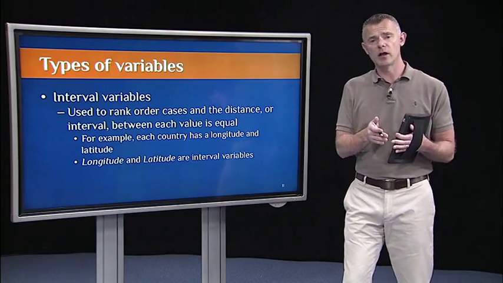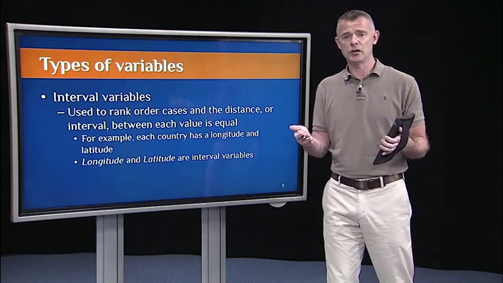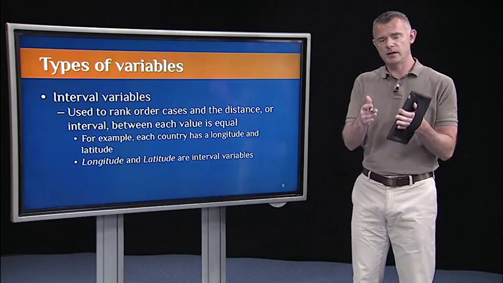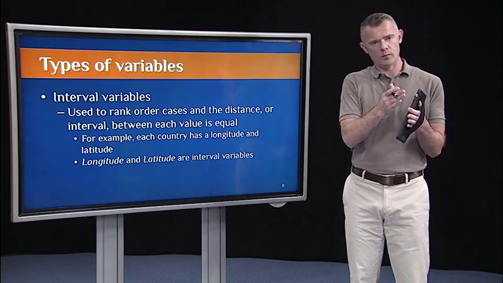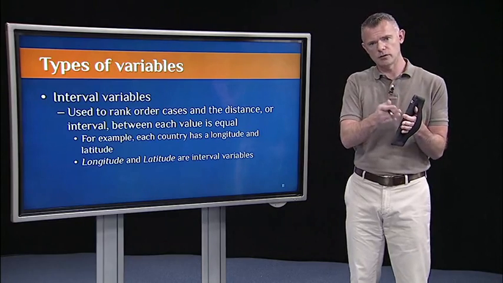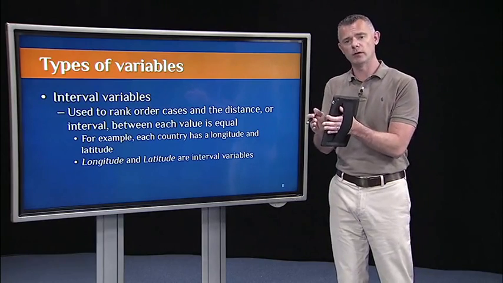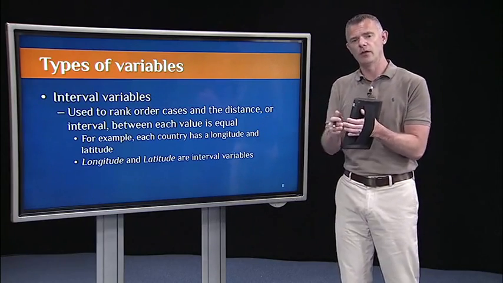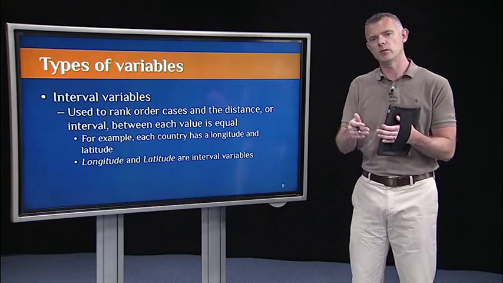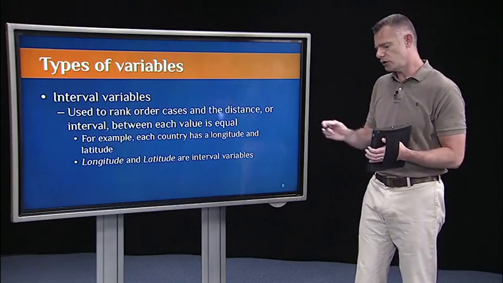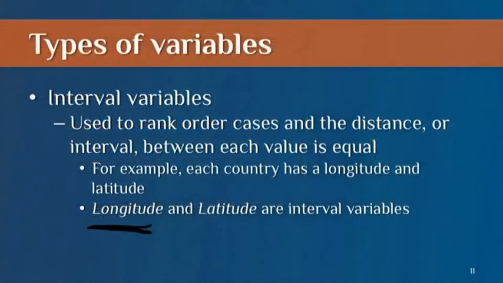And I can compare the longitude and latitude of each country. And the distance from, say, 0 longitude to 100 longitude is the same as the distance from 100 longitude to 200 longitude. They're equal intervals. They're equal spaces. So longitude and latitude, those are equal interval variables.